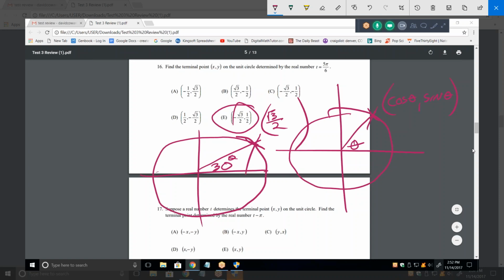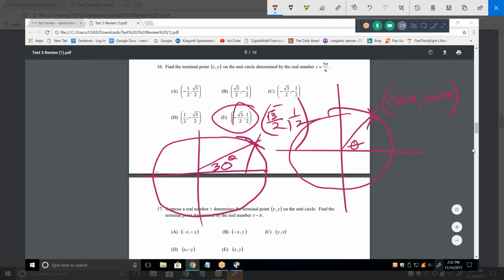No, 2. That's the cosine of 30 degrees. What's the sine of 30 degrees? 1/2.